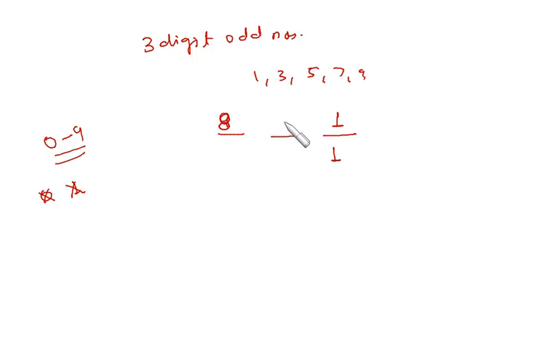Now for the second place, I have 10 choices from 0 to 9, but 1 cannot be used. Then I cannot use the digit which I have already used over here, right? So further I have 8 choices, right? And at the third place I have a single choice, that is number 1, right? So in all 8 into 8, that is 64 choices, right? When the unit digit is 1.